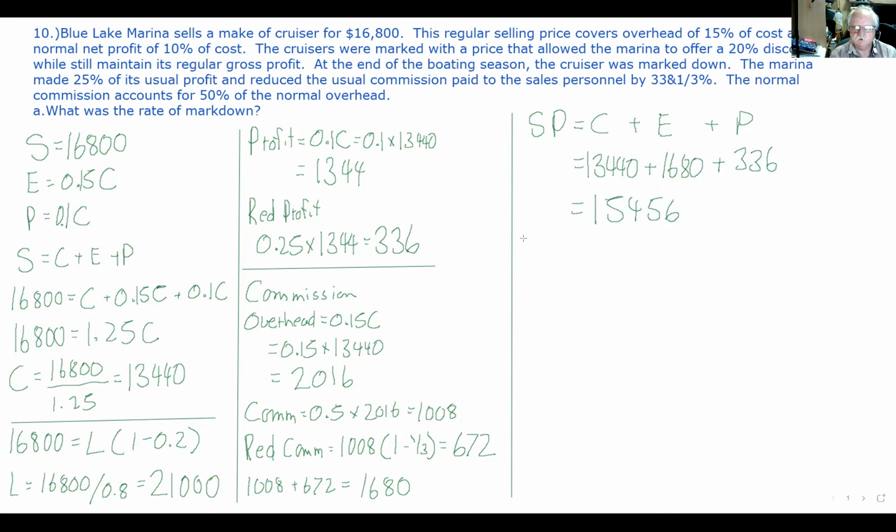At which time we've done all that work, and now we can finally answer the question we're being asked. What was the rate of markdown? So for rate of markdown or rate of discount, always keep track of the higher price, the lower price, the difference, and then you can calculate the rate of markdown or the rate of discount as the dollar value of the difference over the list.